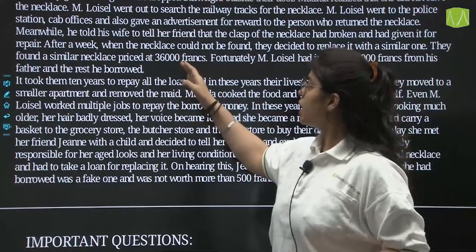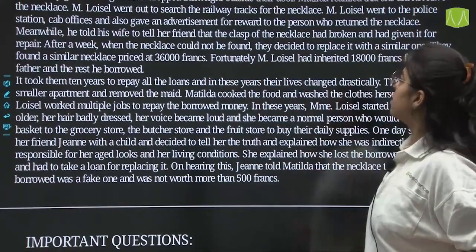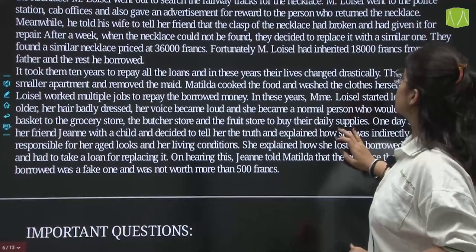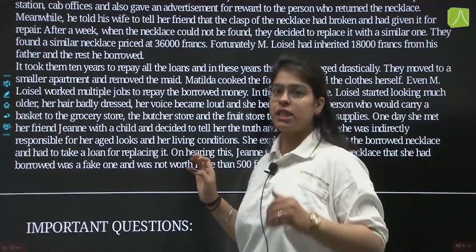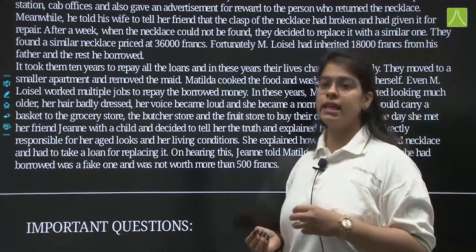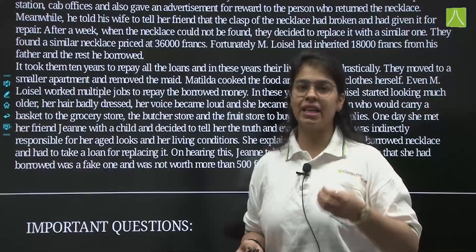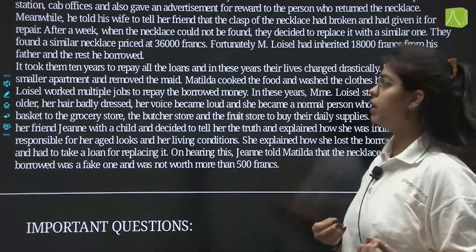Meanwhile, he also told his wife to tell her friend that the clasp of the necklace had broken, so it would give them much more time than she expected. So he just asked Matilda to make an excuse that the clasp had broken and we need to get it fixed before returning.